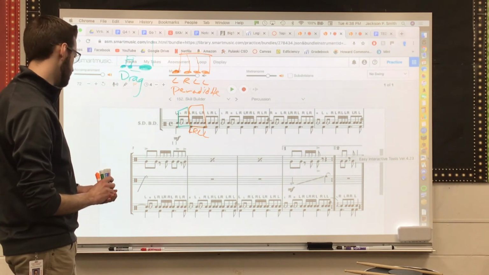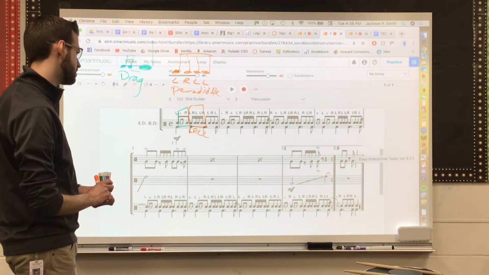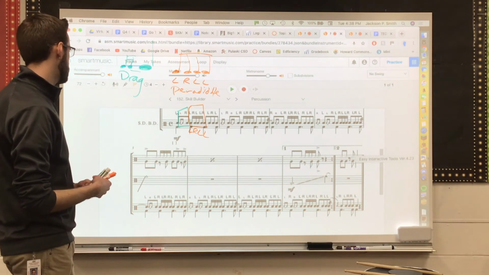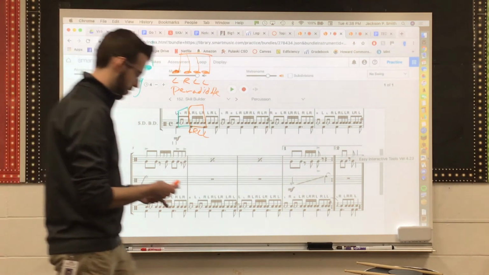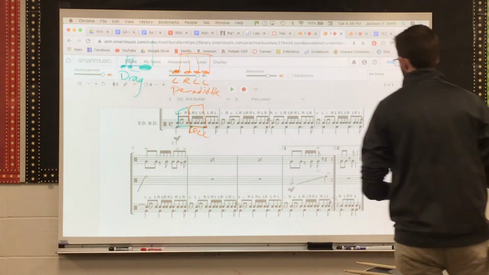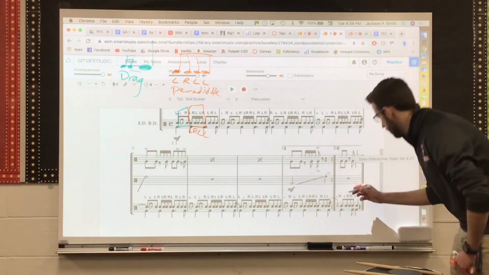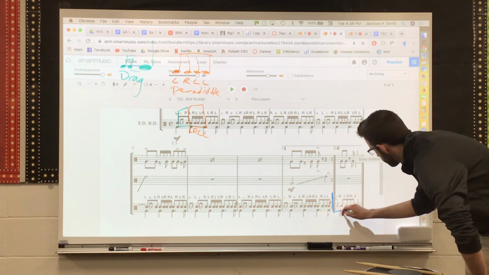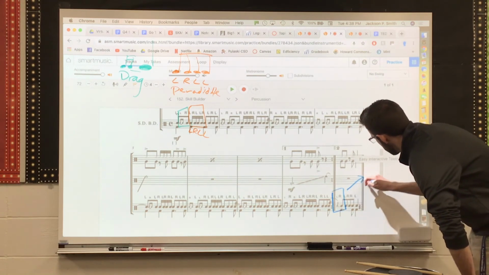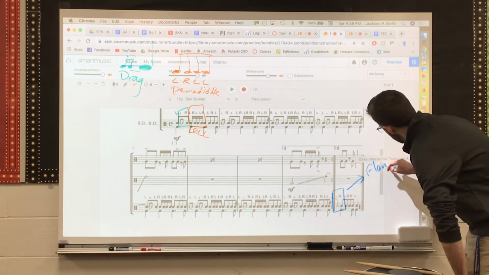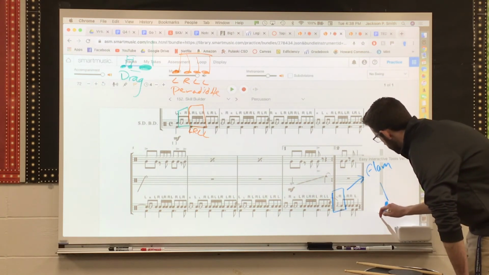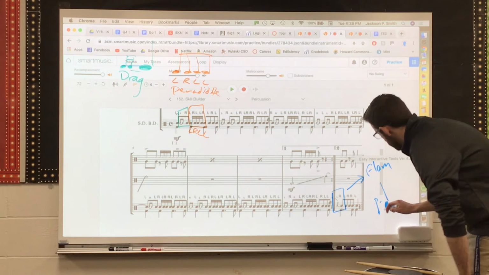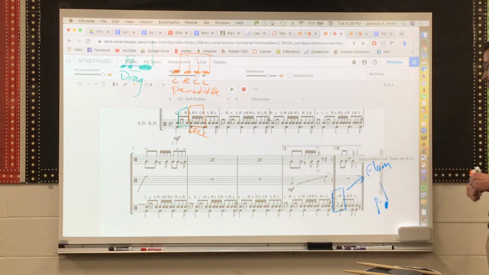And somewhere else we had a flam. Where were our flams? Here at the very end there's a flam. Right here. Flam, where we've got a little grace note going to the note.